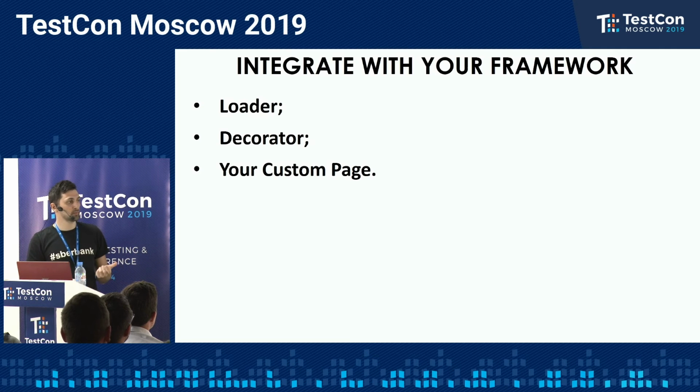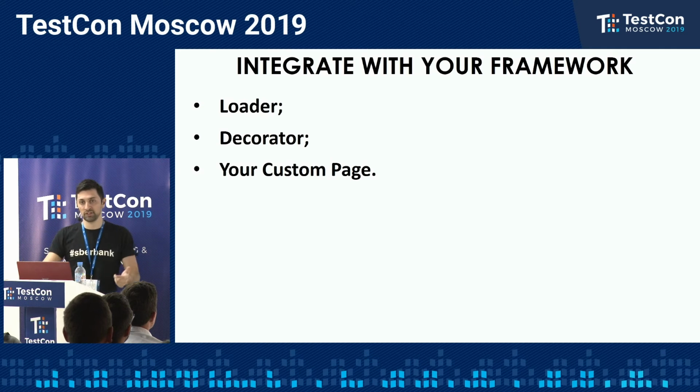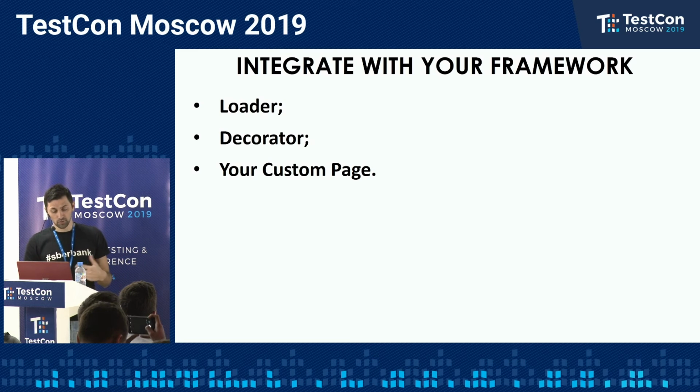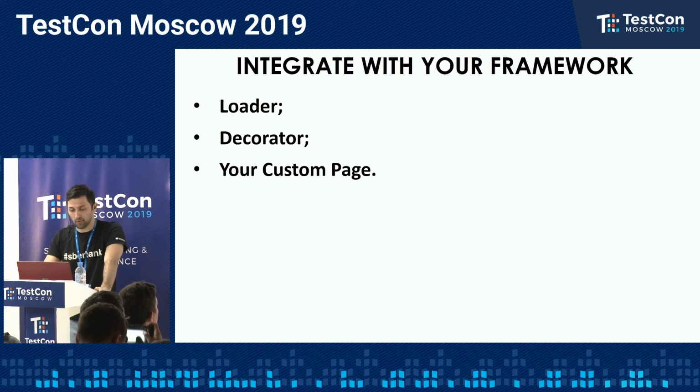If you don't want to take the framework, but you like the logic, you like the approach of using interfaces, page object on interfaces, what you can do is split your loader, introduce a decorator, and look at some custom page. If you don't want to get all the data from Atlas, but you just want to create a page object on the interface and have a look at how Atlas core implements the processing, then you can just take it from here and implement it in your project.